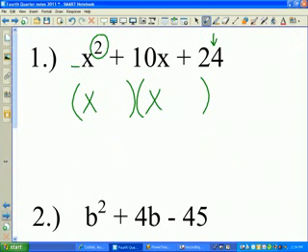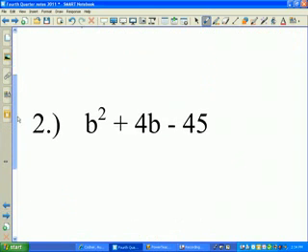And then I'm thinking, what two numbers multiplied together will give me positive 24 and added together to give me 10? So in this case, I have a plus 6 and a plus 4 because 6 times 4 is 24 and 6 plus 4 is 10. That's my answer for number 1.